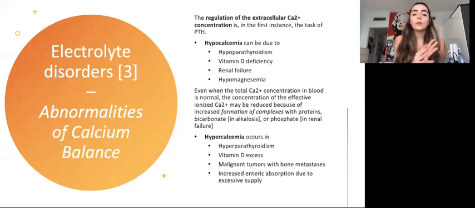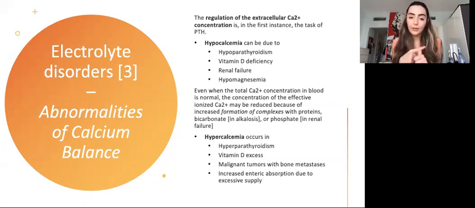Now, even when the total calcium concentration is normal, the concentration of the effective ionized calcium may be reduced because of its formation of complexes with proteins or bicarbonate that occurs in alkalosis, or complexes with phosphate due to renal failure. And then we have hypercalcemia that can occur in the opposite.